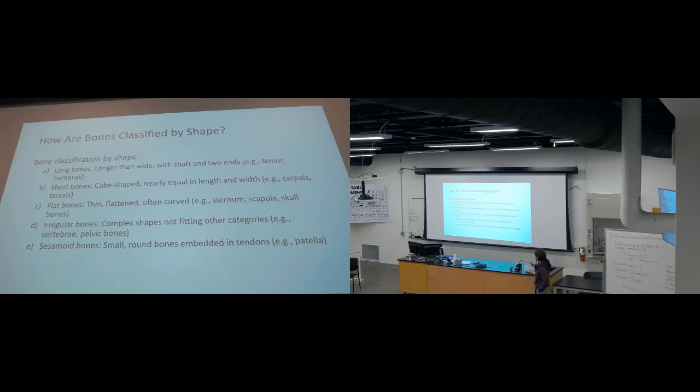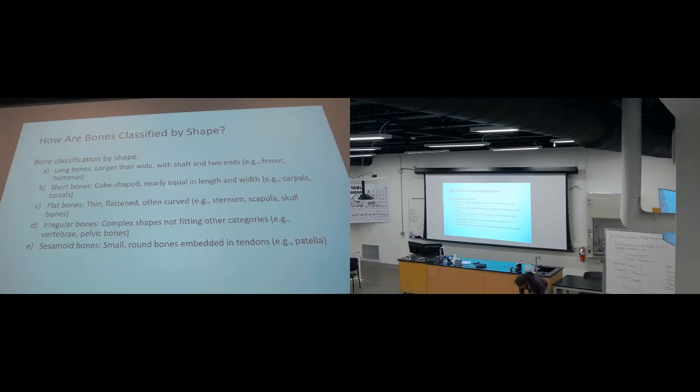And then bones that are not flat, that are not short, that are not long will be irregular. They don't fit into the previous categories. So examples of irregular bones will be the vertebrae, which we have in the spinal area here, and then the pelvic bones, which are here.